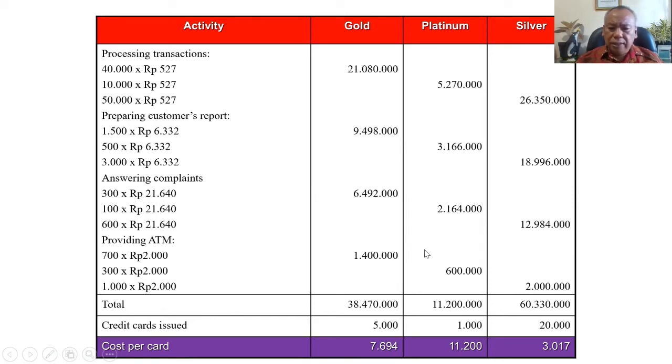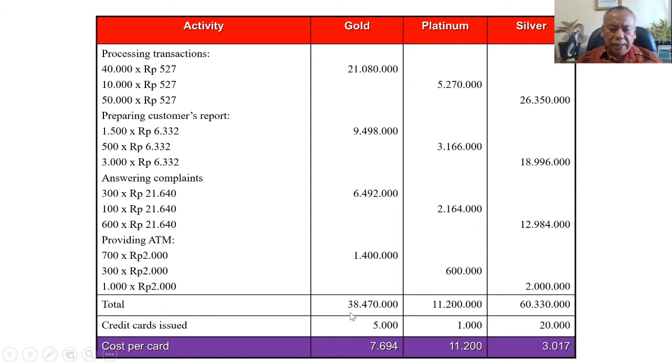So we find this number. And then the last, providing ATM, we have 700 ATM transactions for gold, 300 for platinum, and 1,000 for silver times the providing ATM rate, 2,000 per transaction. So we find this, and then we total this cost.